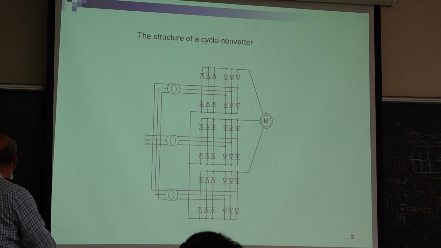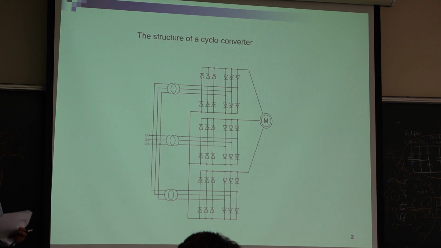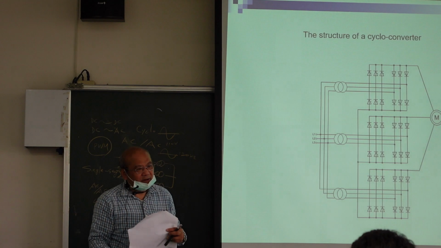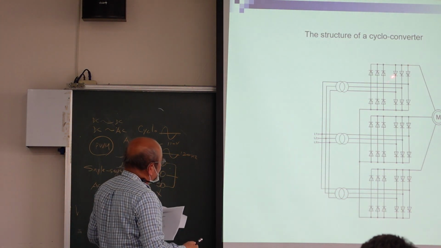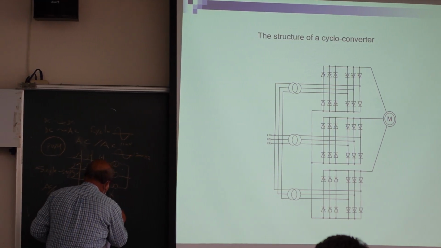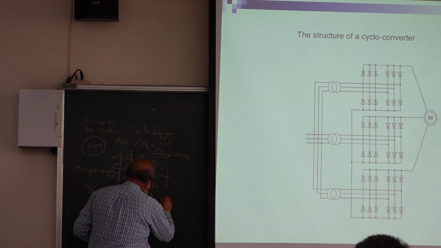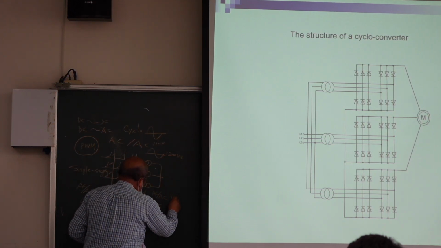What is a cycle? So we call this one cycle. Cycle means what? Frequency, right? We change the frequency. So if you need to change the voltage, what can you use? You can use a transformer. So a transformer changes AC to AC voltage.